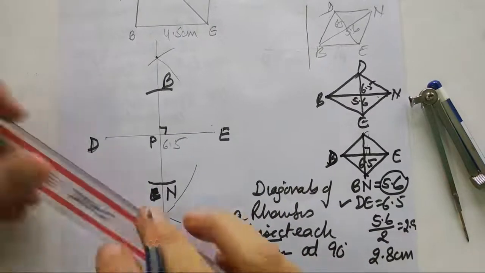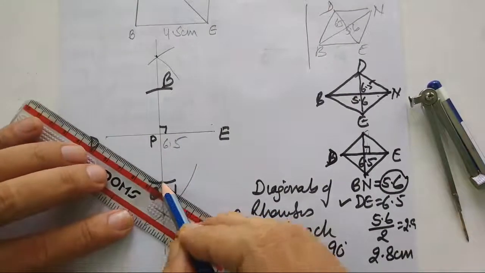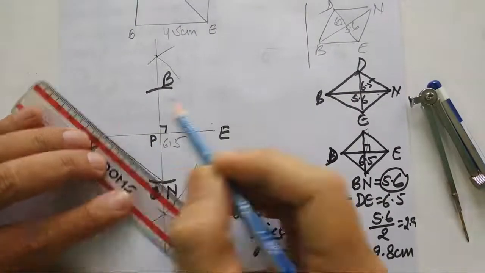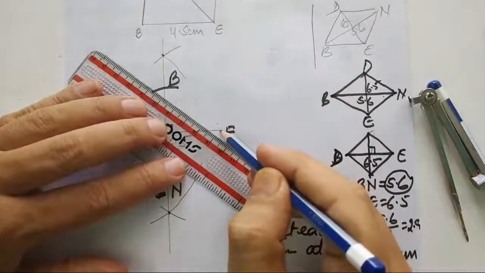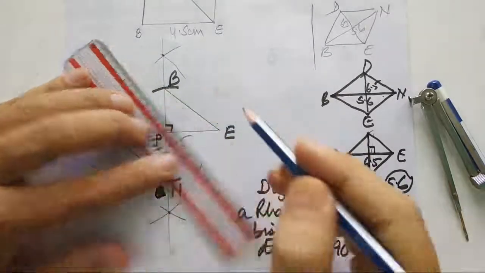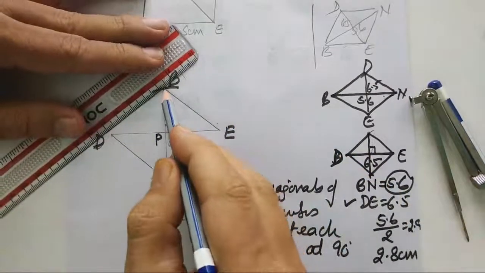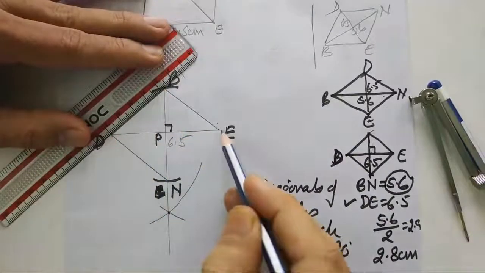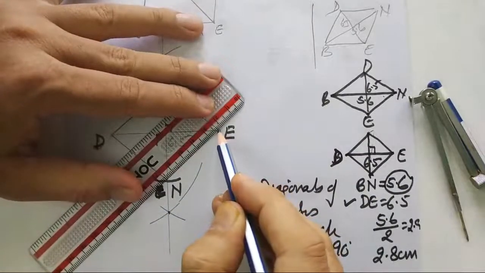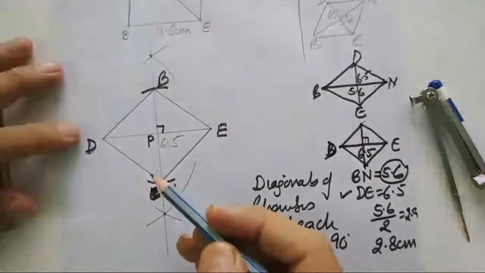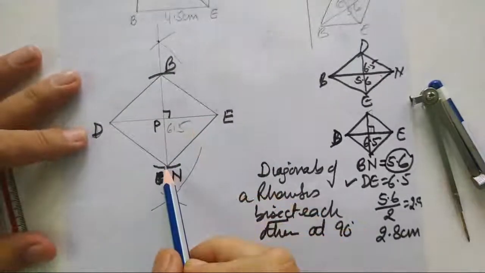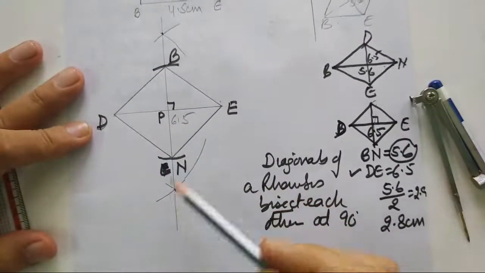So now I will join this point where I have cut. So using scale you will connect these points. Now this is a very important part, because here you have to see which points you are connecting. You will not connect these crosses.